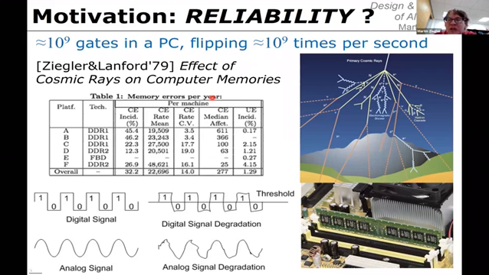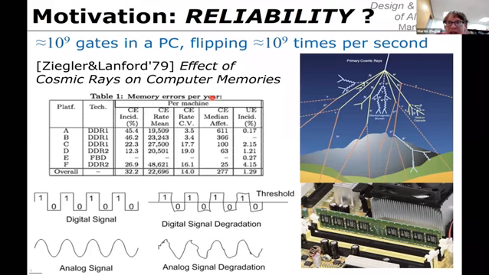Deterministic algorithms take much larger effort in order to program. So randomized algorithms tend to be A, more efficient, and B, simpler. And the third reason, what's the third reason?